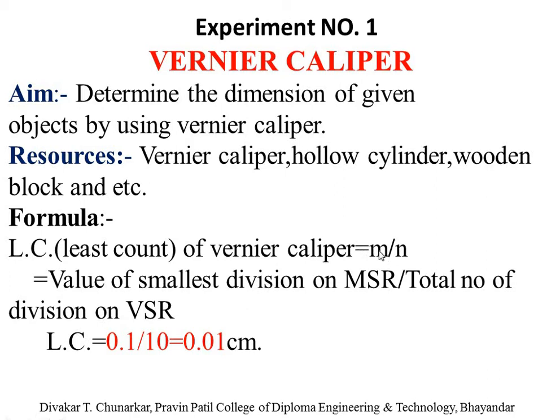Here m is the smallest division on MSR, and n is the total number of division on vernier scale. So least count is 0.1 upon 10.